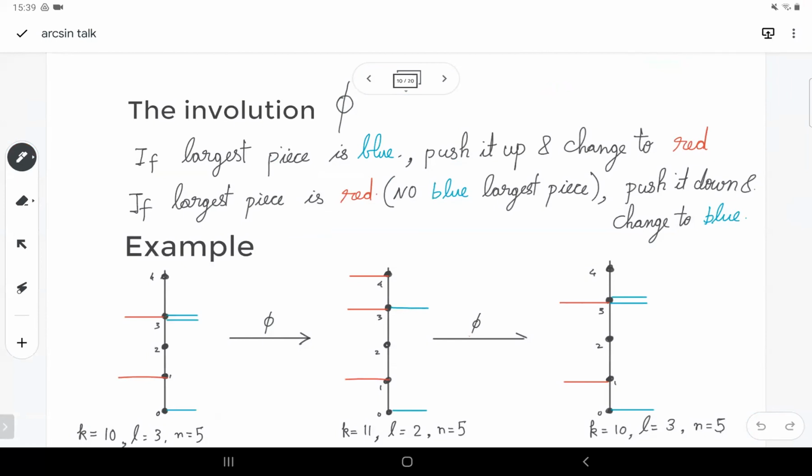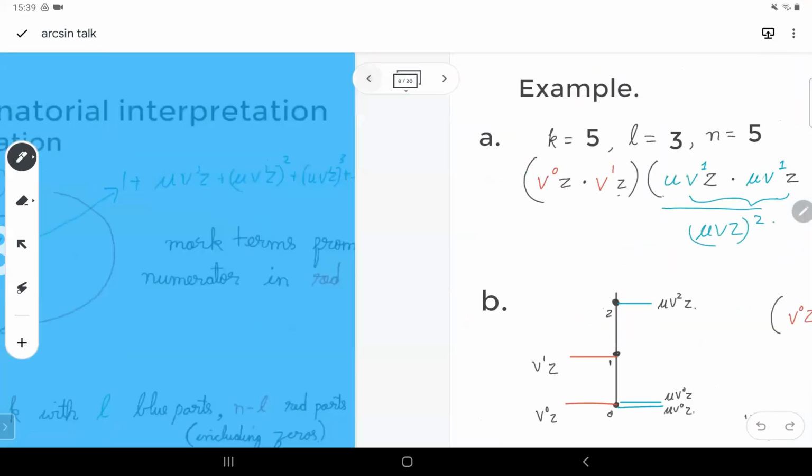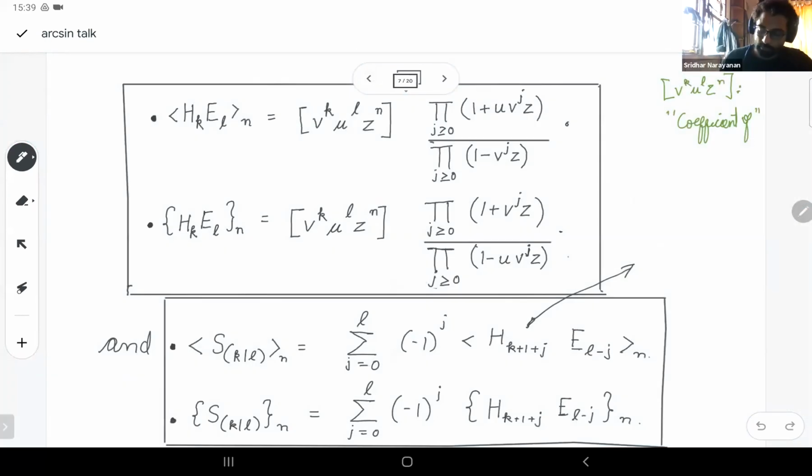Sorry to interrupt you again. So now what are we doing? We are looking at this involution in order to prove something? Just remind us. Right. The idea is that this signed moment is an alternating sum between moments of Hankel type terms.